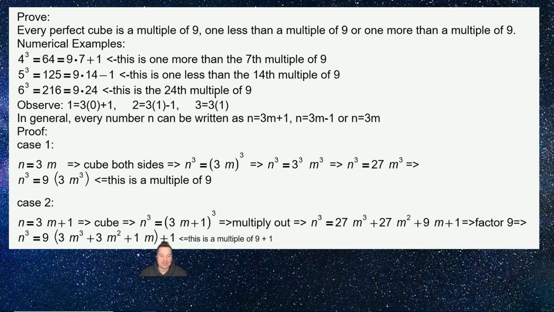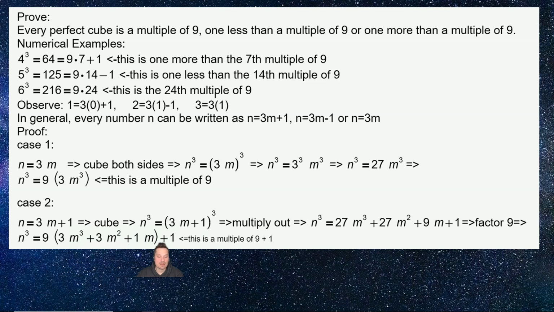Let's be clear on that. Where is the plus 1 coming from? Back in the previous step, there's a plus 1, and at that step it doesn't have a 9 in it. So you just have to keep that separate from the terms 9m, 27m squared, and 27m cubed. Looking at this carefully, you have 9, then some expression within parentheses, and then plus 1.